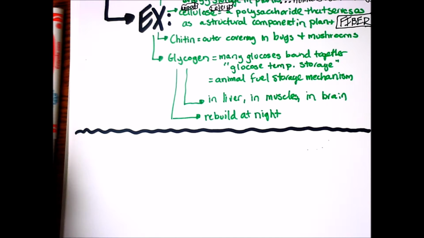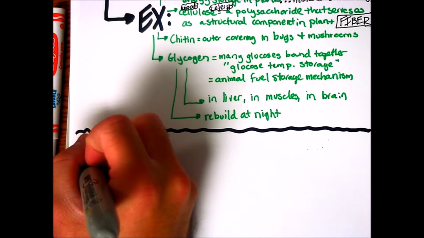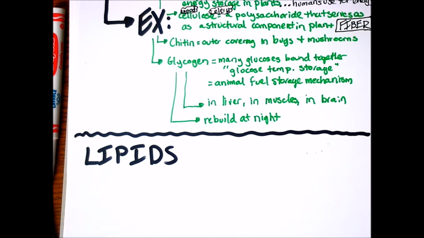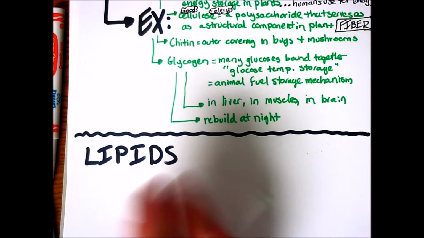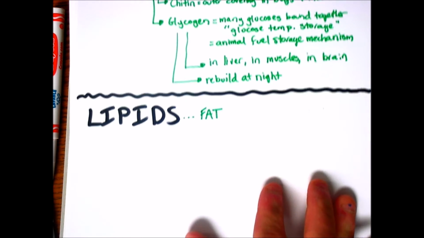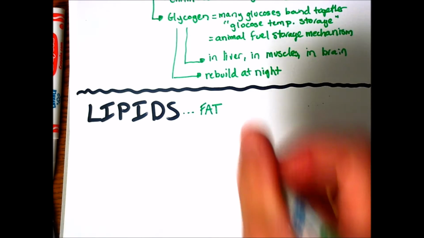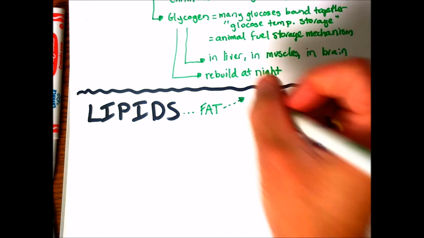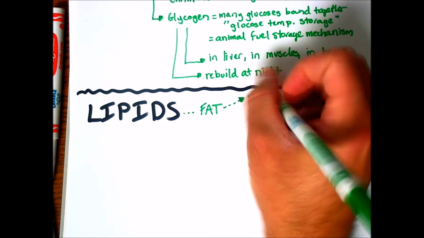We'll move on to lipids, but we will not be able to get through our lipid discussion today. We'll be able to get started, and that's about it. When I think of lipids, I generally think of entities that are fat-containing. So we often associate the word lipid with fats. And when we think of the word fat, often we suggest that we're about to have a discussion about something that's very bad. We associate fats as being bad.